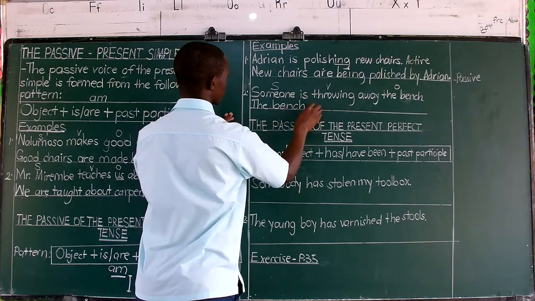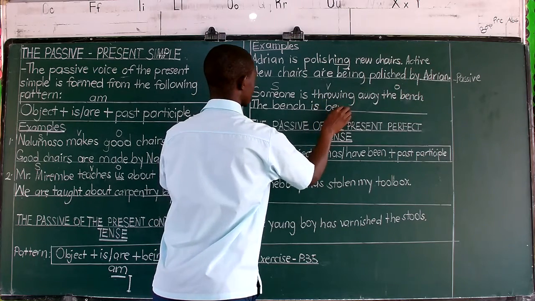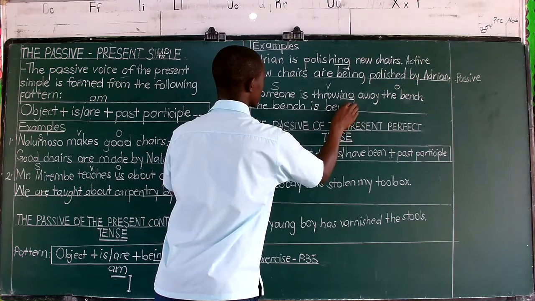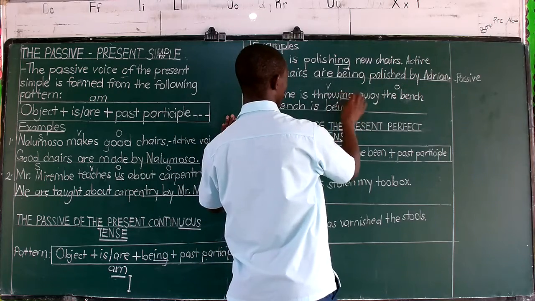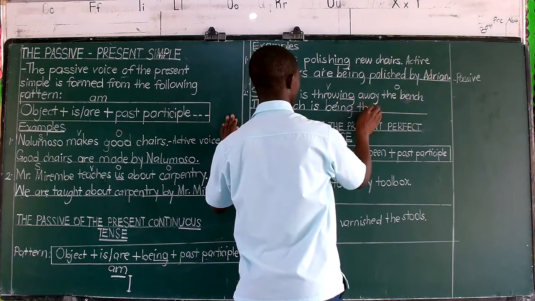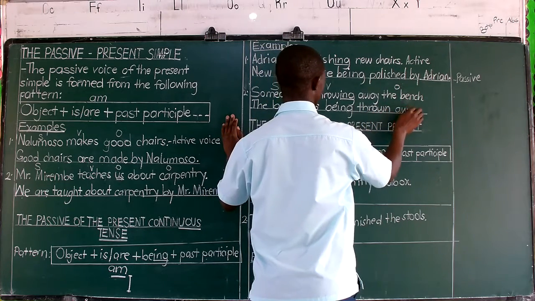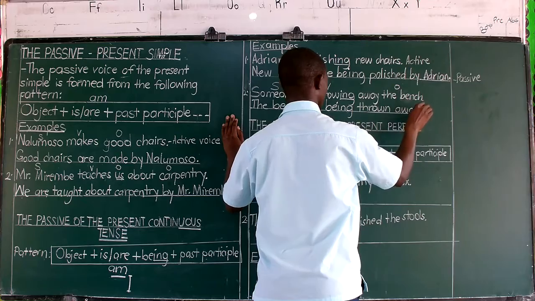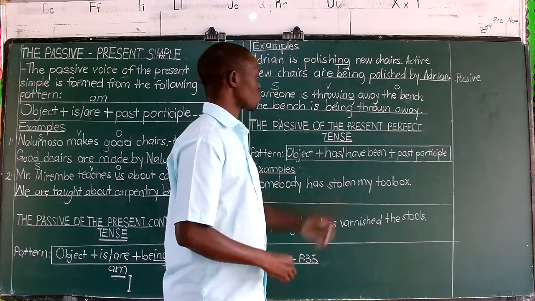Because it is one, we'll use "is" plus "being" because of this "ing." Then the past participle of "throwing," and that is "thrown away," by who? Full stop. The bench is being thrown away.